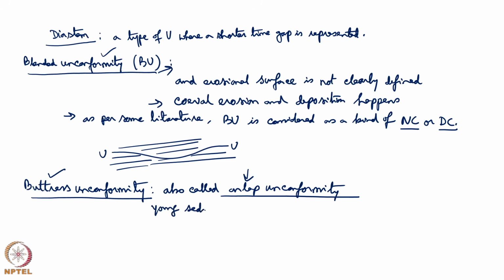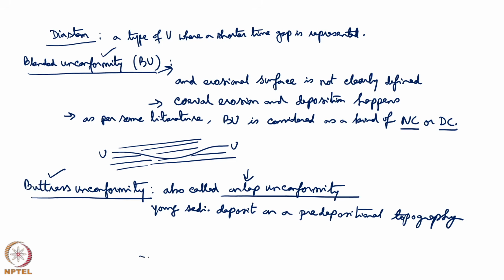Young sediments deposit on a pre-depositional topography. So, one can think, let us say, a shallow sea in which there is a bedrock that is old and there sedimentation happens.